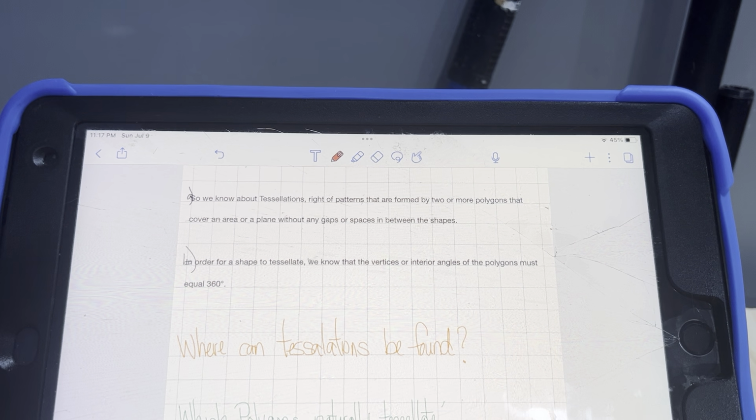So the next question was, where can tessellations be found? In the video, they gave us some examples. I had also asked you guys to do some research as well, to come up with your own examples, find some natural examples within your home. But we know that tessellations can be found in nature.